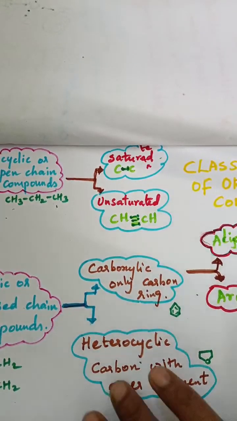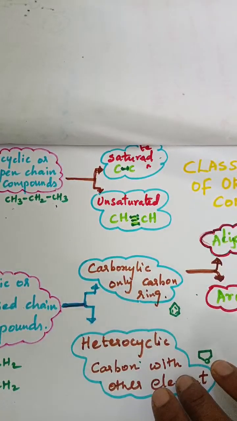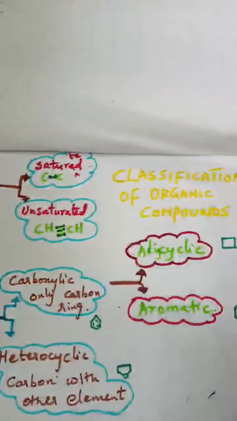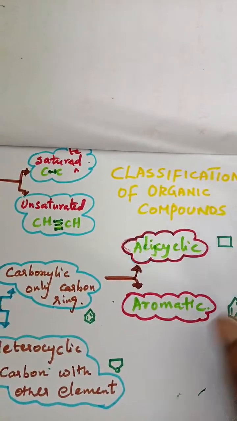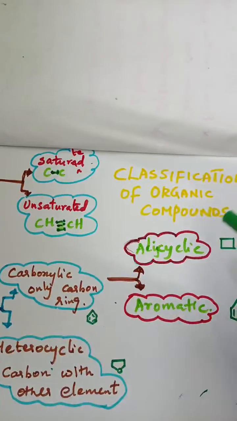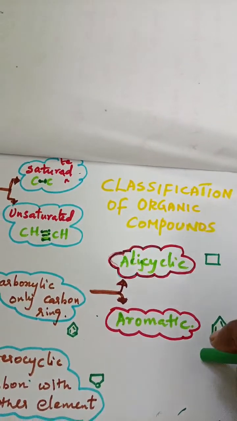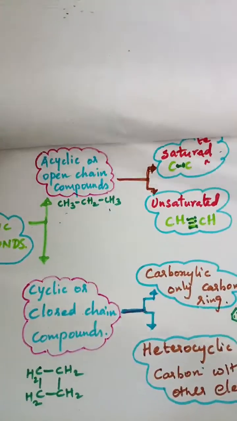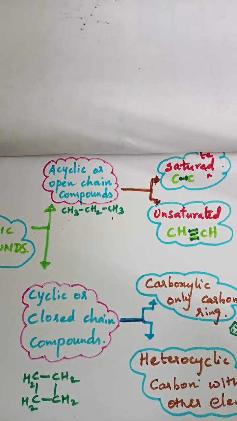Heterocyclic means other than carbon atoms, any other element will be there. This is the classification of organic compounds. Further, the carboxylic is divided into two types, the alicyclic and the aromatic. This is the classification of organic compounds in detail that we have studied in this session.